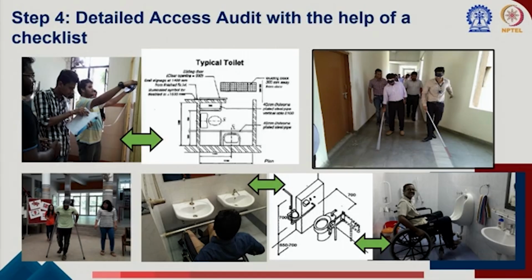Though the accessibility audit is an independent standalone exercise, in case you feel you might require some additional validation, then you can also conduct a partial role-playing exercise, which is a simulation exercise, which we will explain.